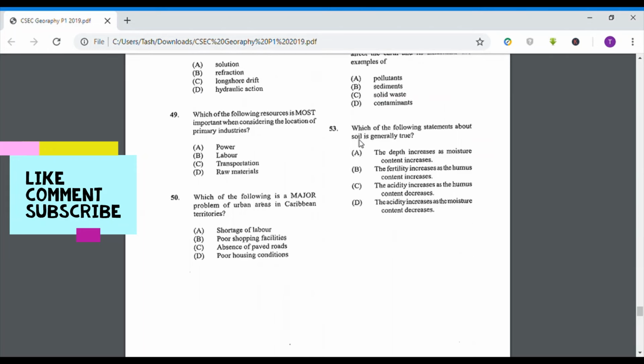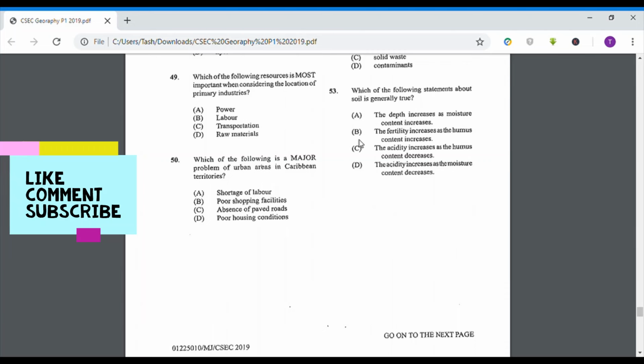For 53, which of the following statements about soil is generally true? Depth increases as moisture content increases. Fertility increases as the humus content increases. Acidity increases as humus content decreases. Acidity increases as the moisture content decreases. That is going to be letter B. Fertility increases as the humus content increases.